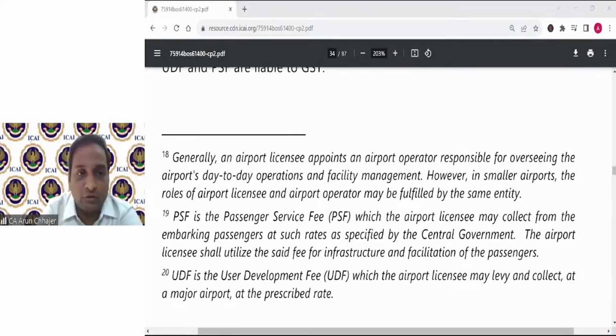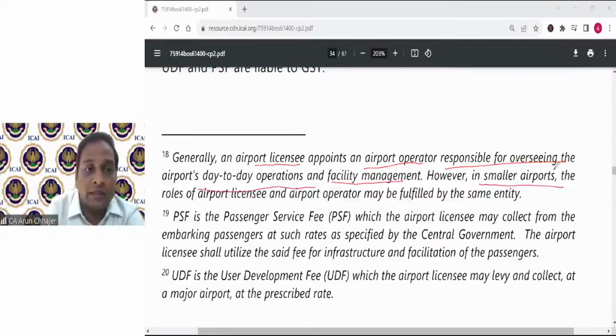What is the airport operator authority, etc. Generally, an airport licensee appoints an airport operator responsible for overseeing the airport's day-to-day operation and facility management. However, in a smaller airport, the roles of the airport licensee and the airport operator may be fulfilled by the same person.